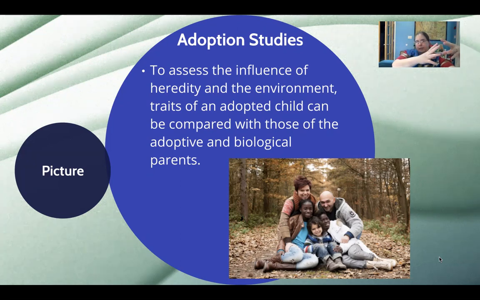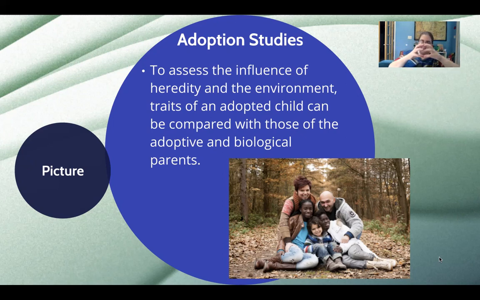The adopted parents have healthy hearts and a good healthy lifestyle, and they have the child go through a good healthy lifestyle. But the biological parents, both of them showed high blood pressure, high cholesterol levels, and early signs of heart disease as well. So the fact that we see it in the biological parents, but not the adopted parents, tells us it's more likely to be a genetic cause.